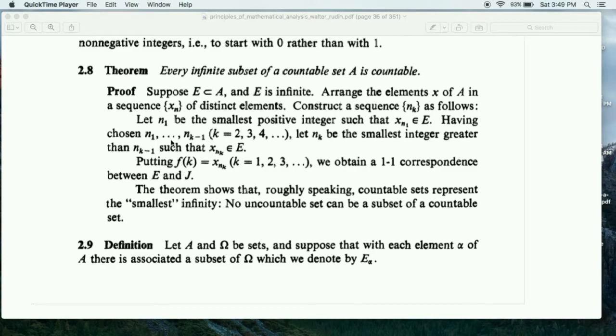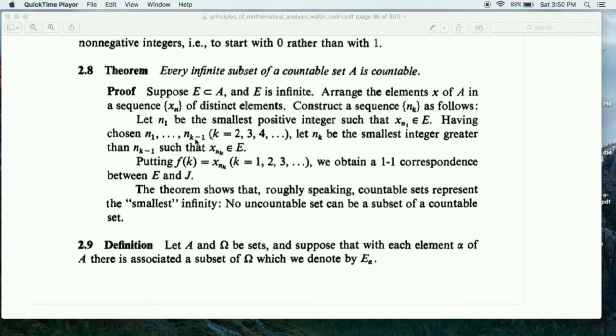This means that we enumerate the elements of this subset E. That is, there exists a one-to-one correspondence between E and J by this kind of enumeration.